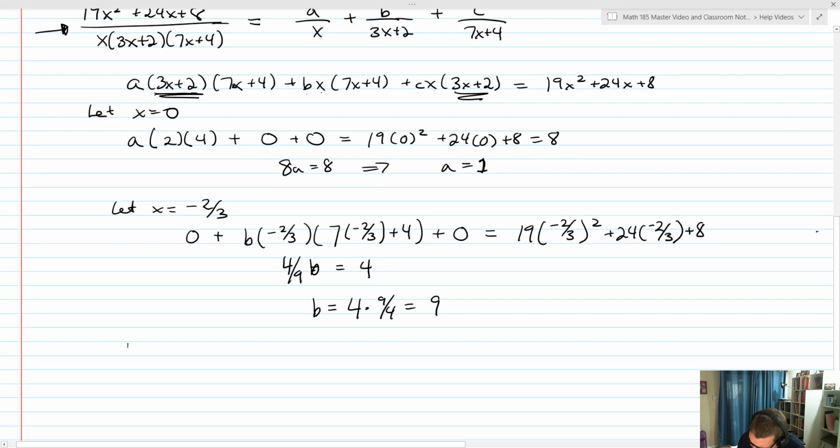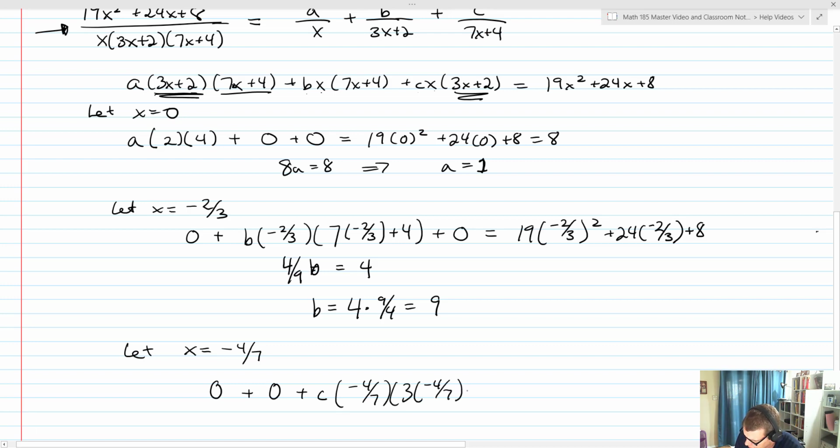All right. Next, we're going to let x equal -4/7. That's our last factor. Again, anytime I have the 7x plus 4, that's going to go to 0. So I'm going to get 0 plus c times -4/7 times 3 times -4/7 plus 2. And that'll equal 19 times -4/7 squared plus 24 times -4/7 plus 8.